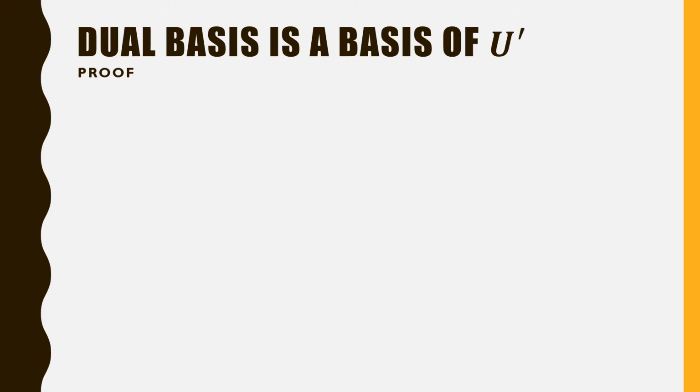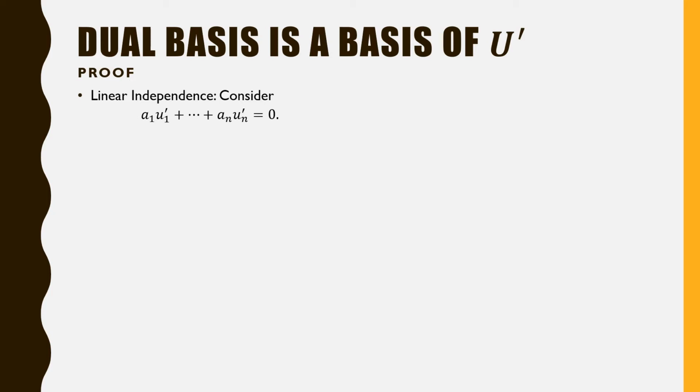So remember, when we're talking about the dual basis, we're talking about those elements u1 prime to un prime that are dual to the basis elements u1 to un. The way that u1 prime to un prime behaves on u1 to un is via the Kronecker delta. If you want to review that real quick, you can pause the video and jump back a few slides to see how we define that.